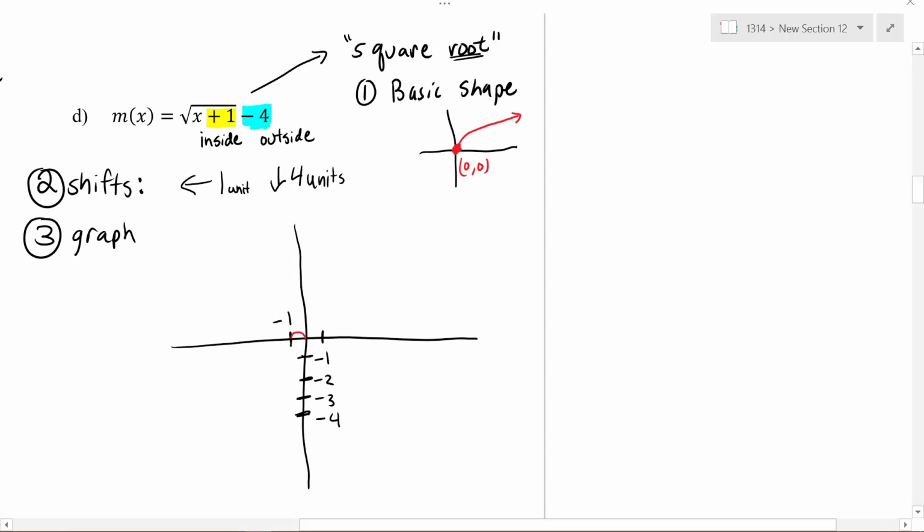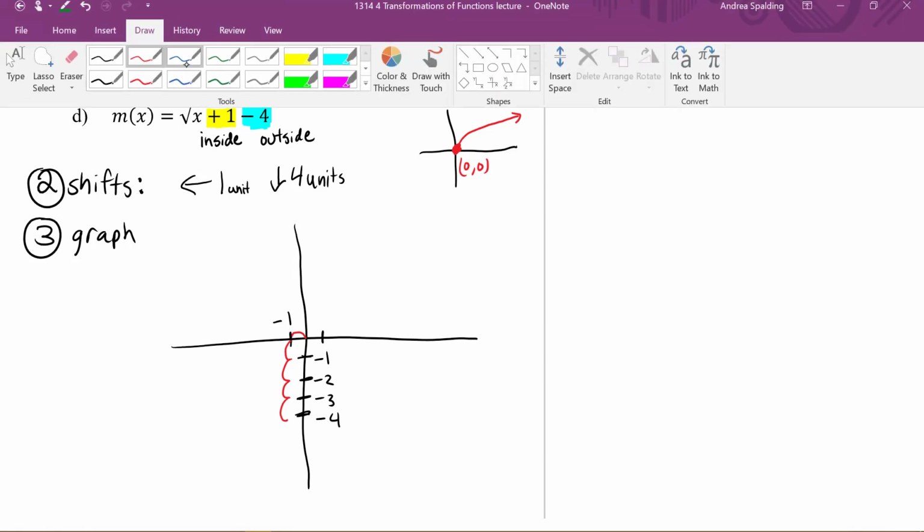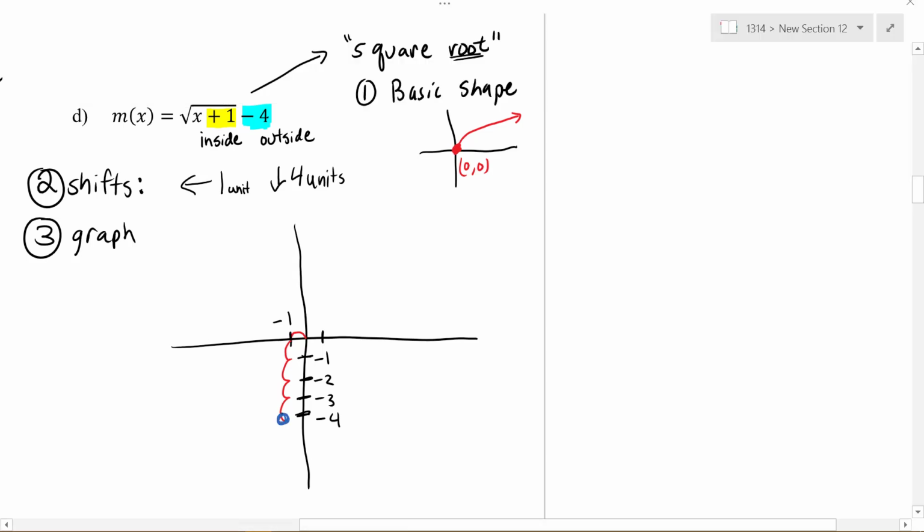I'm going to shift 1 unit to the left, so that puts me at an x value of -1, and then we're going to shift 1, 2, 3, 4 units down. Okay, so we're going to plot our newly shifted origin point, and we're going to label that. That's an x value of -1 and a y value of -4.